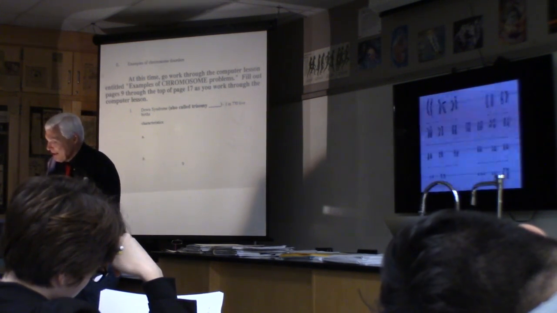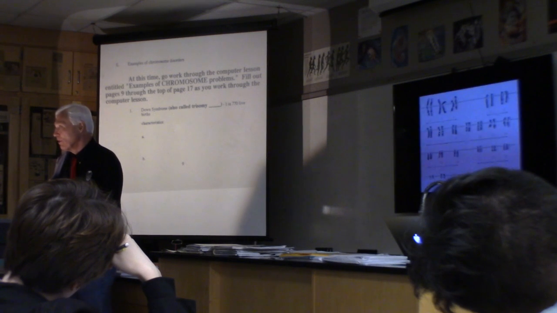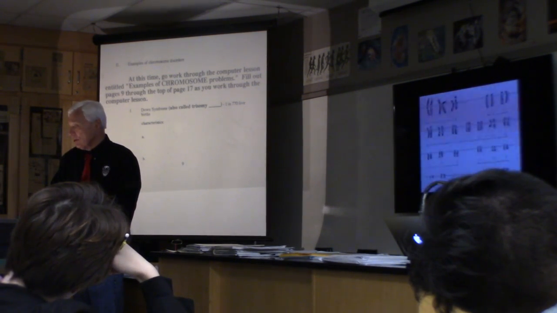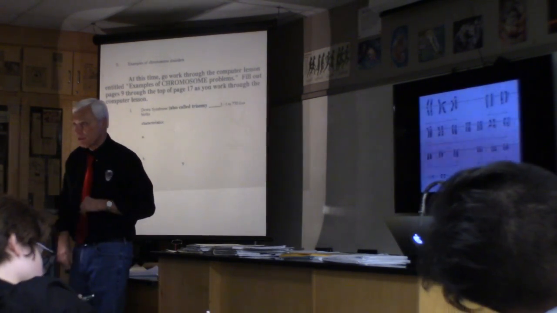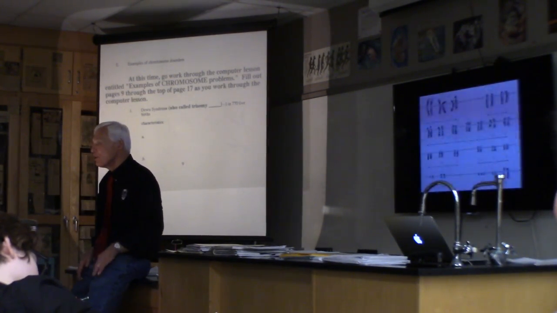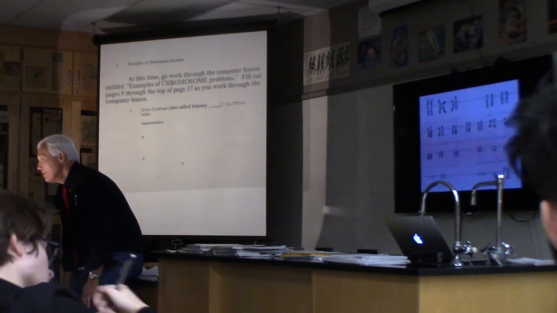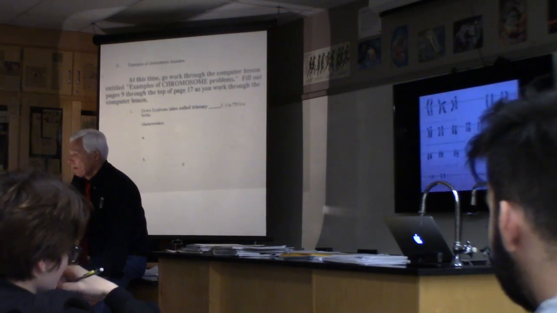And start filling in pages 9 through the top of page 17. So we're going to go back to the computer tutorial on cytogenetics. And you're going to click on the lesson called Examples of Chromosome Problems. And that's where you're going to get introduced to several different kinds of chromosome disorders in addition to Down syndrome. Okay?